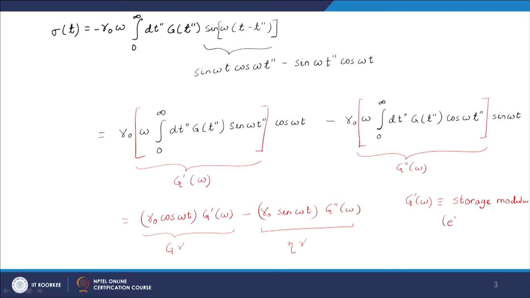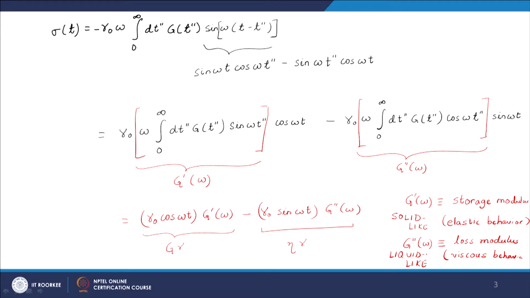It characterizes the elastic behavior, and the second term g double prime of omega refers to some sort of liquid behavior because it is in phase with gamma dot. This I will call the loss modulus, and it characterizes the viscous behavior. So, the first one characterizes the solid like nature, and the second one characterizes a liquid like nature.